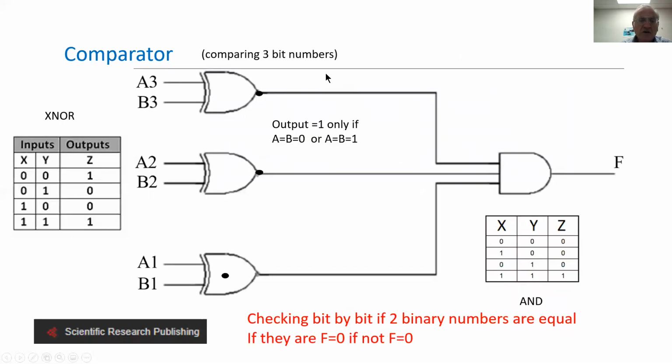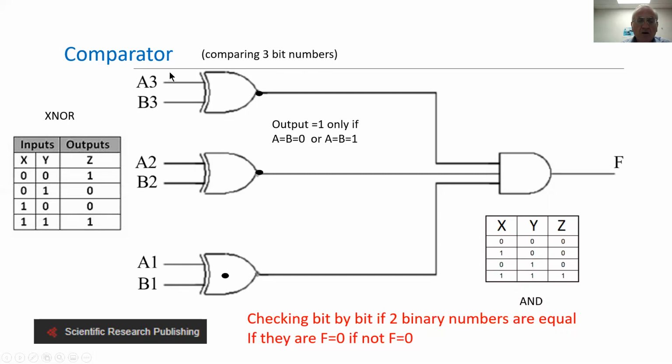We see here an example of a comparator. Suppose that we have two 3-bit numbers that we would like to compare. Bit 1 for A is coming in from a cable, and bit 1 for B is coming in from the second cable.